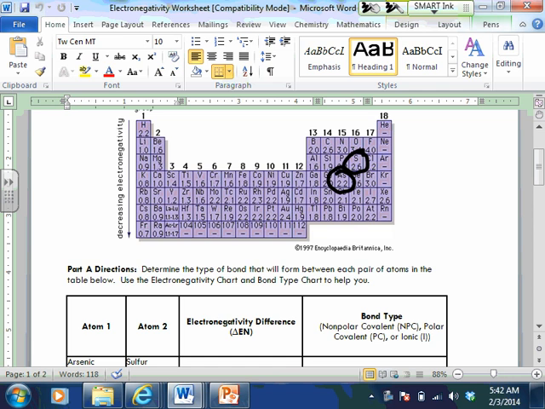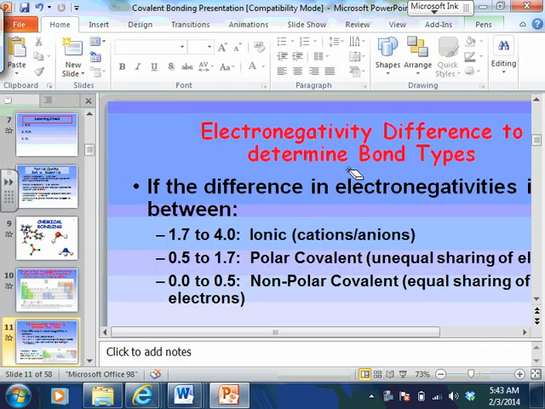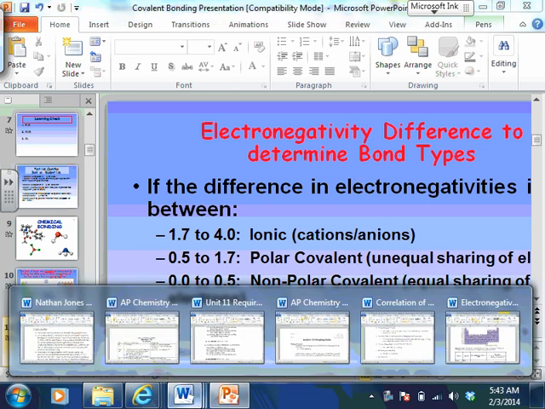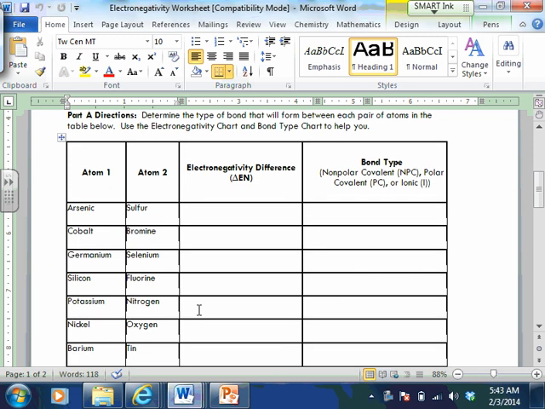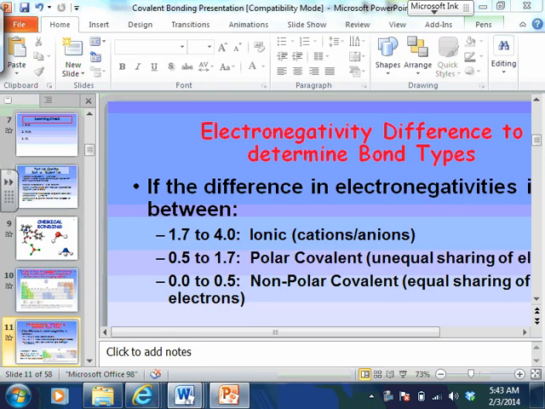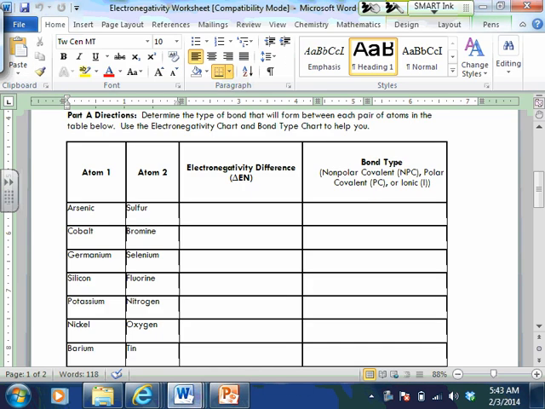Sulfur is 2.6. Okay, then you always take the bigger number minus the smaller number. So 2.6 minus 2.2 would give us the difference in electronegativities here.